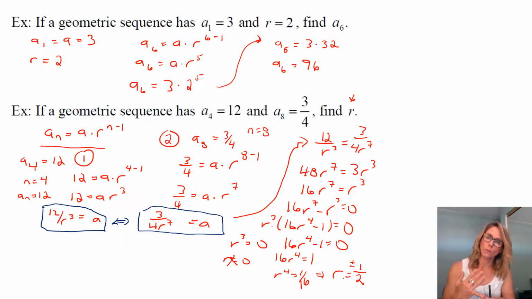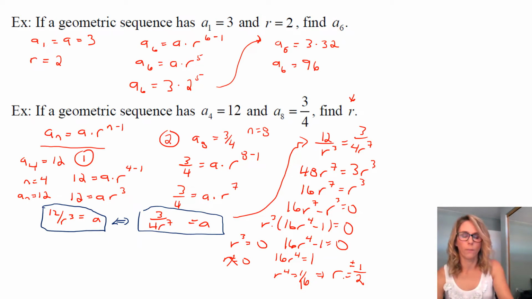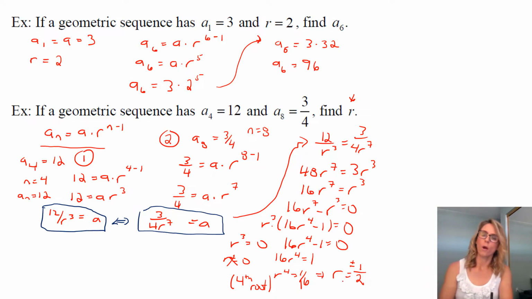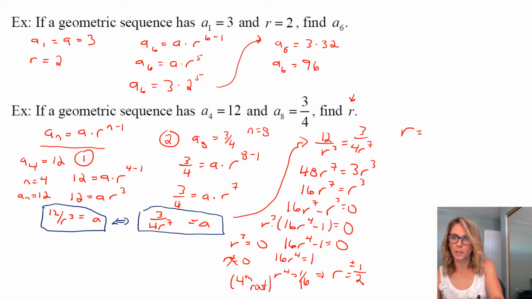So when I take the 4th root, or if I were to take a 6th root, I need to consider plus or minus because those are even exponents and you're taking the radical of that even exponent. So I'll put that in parentheses here in case you're wondering what I just did. So our r is plus or minus 1/2. And I can write that up here. r equals plus or minus 1/2.